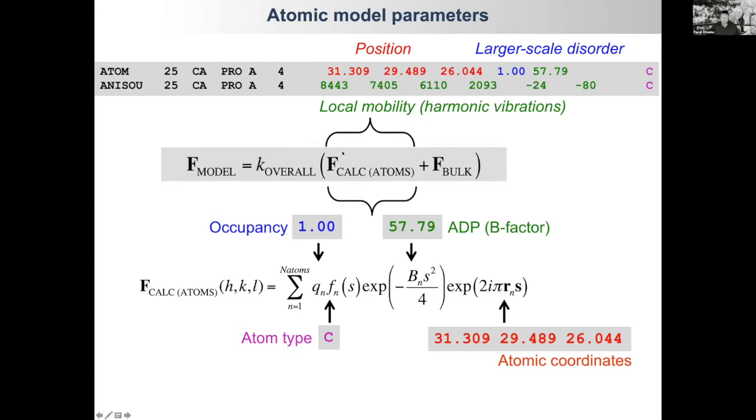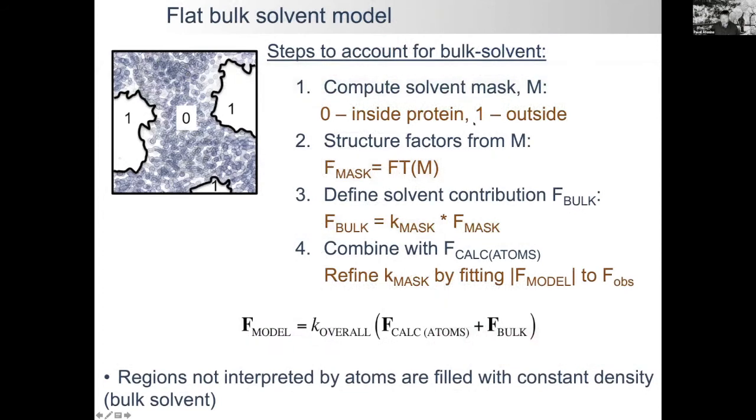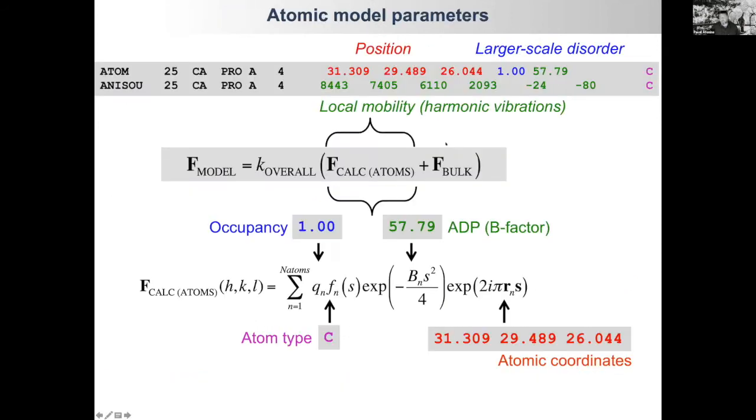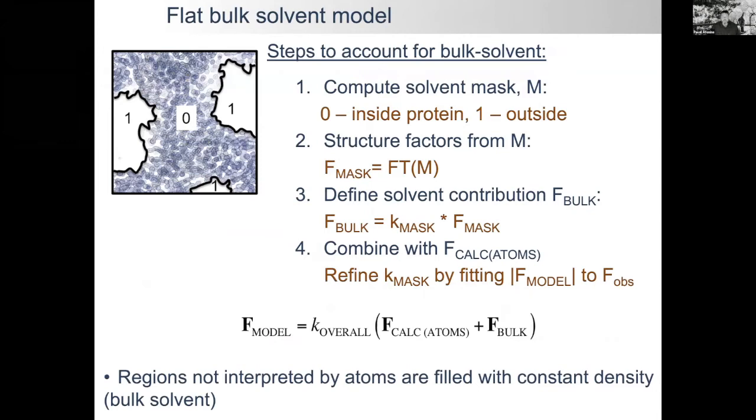your F model. Now, what do we do for the bulk solvent? How do we calculate the bulk solvent contribution? That's how most crystallographic refinement packages do this. I mean Phenix, Refmac, Explorer, CNS.